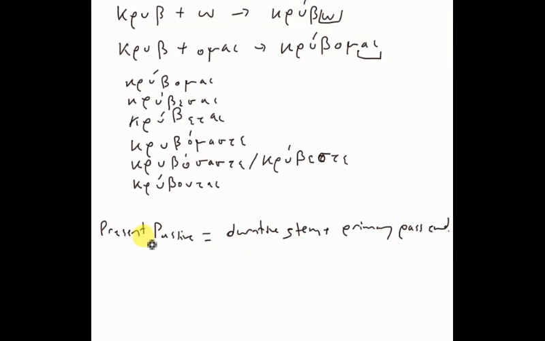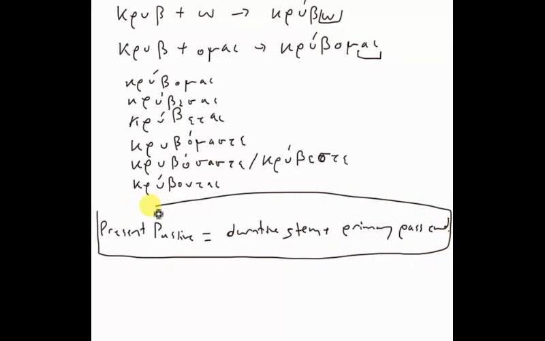So if you're taking notes, you can go back in all the tenses in the active voice, just so we're clear, and say primary active endings or secondary active endings to distinguish from passive ones that we're going to make now. So this is how we do the present passive, and now we'll keep moving on in the same order that we did in the active ones.